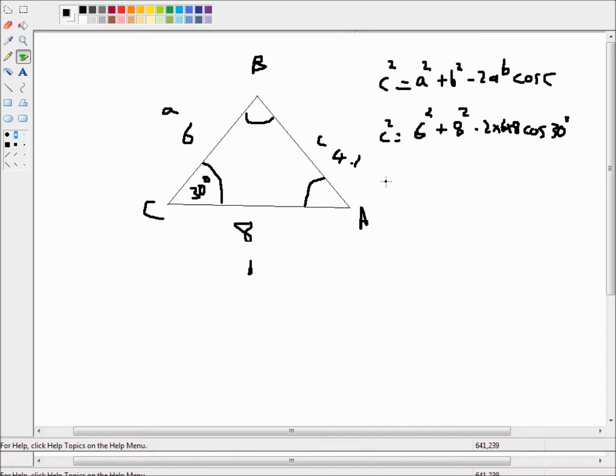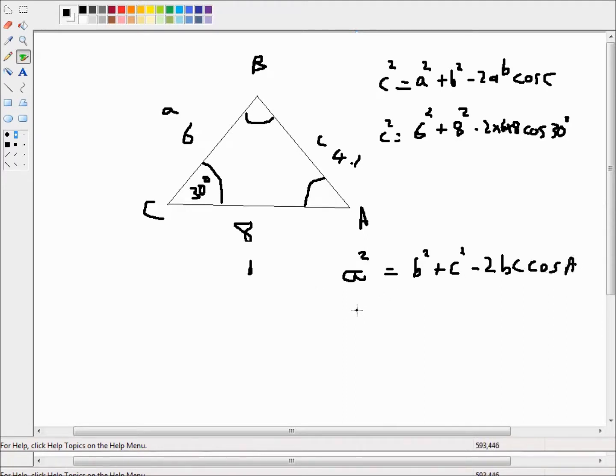Now we can use the cosine rule to get one of the other angles. Let's pick angle A. So we can now say that A squared is equal to B squared plus C squared minus 2bc cos A. So let's plug the numbers in.